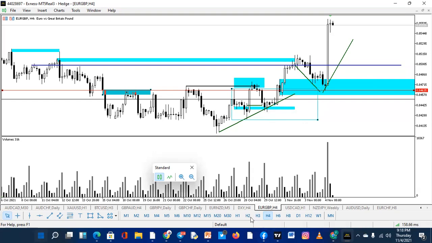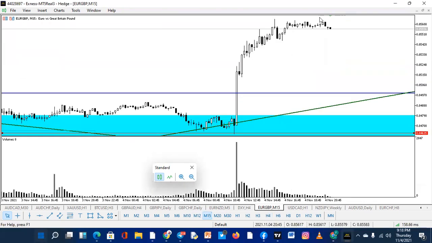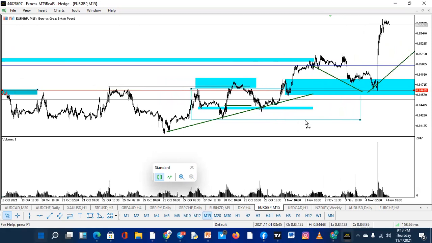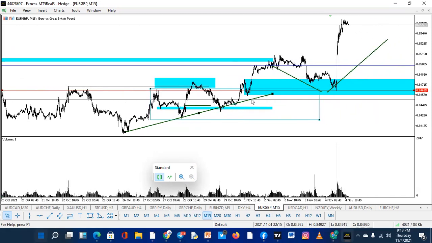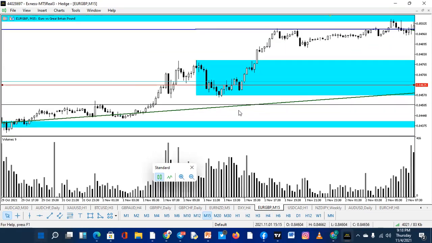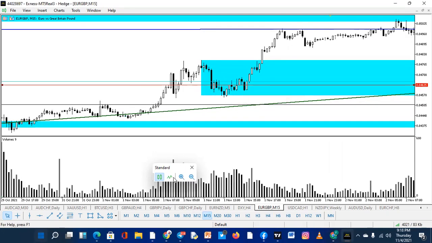Then I can go to a lower time frame to find a place inside that area. So this is my base, right?